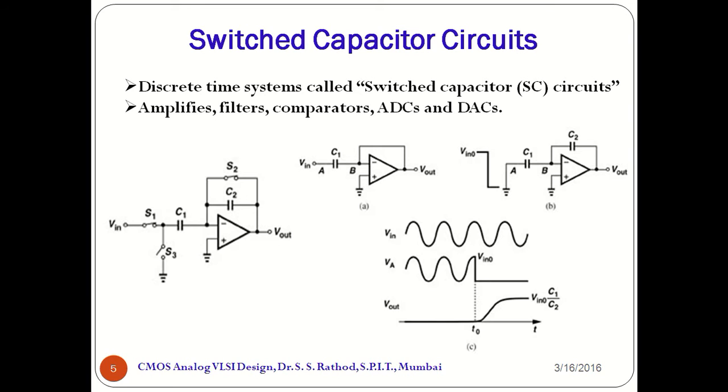The charge stored on C1 at T equal to 0 must be transferred to C2, which produces an output voltage equal to Vin 0 C1 by C2. Thus, we can say that the circuit amplifies the input voltage, that is Vin 0, by a factor C1 by C2.